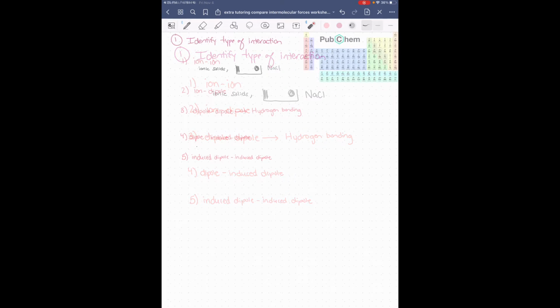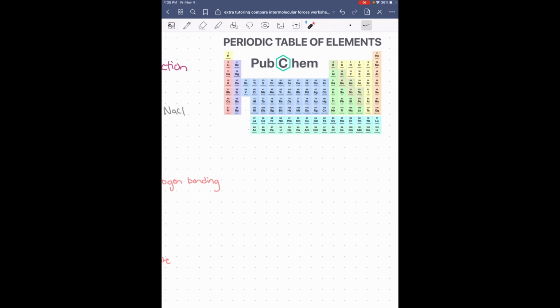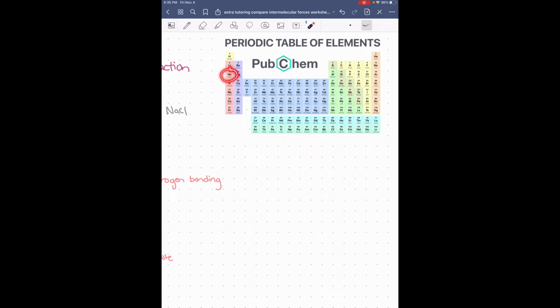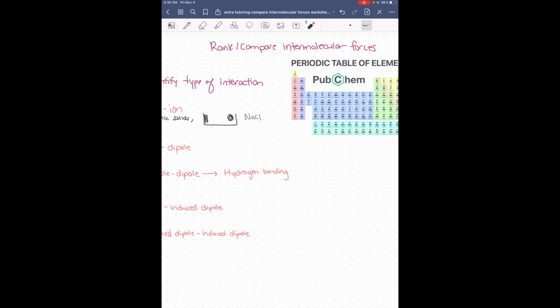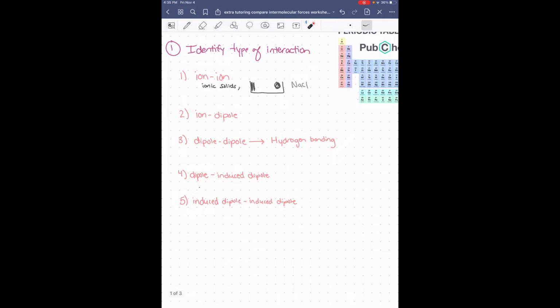I grabbed a periodic table for you guys to see. So here we have our classic example, NaCl, or you could have CaO. Anything that has to do with one of these elements is probably going to be an ionic solid, but you can also have things like iron or one of your more transition metals, and that can also be used for something ionic, where you're seeing that transfer of electrons.